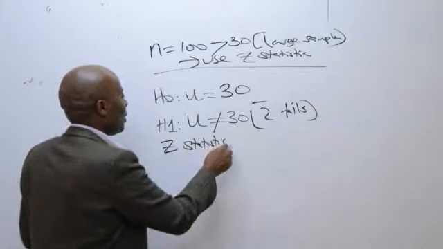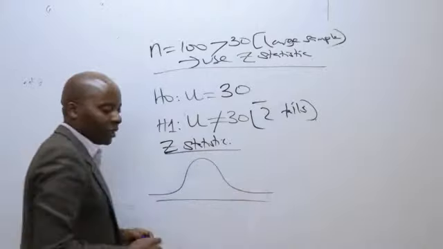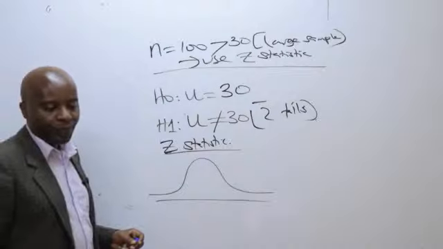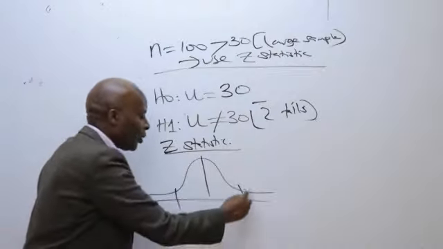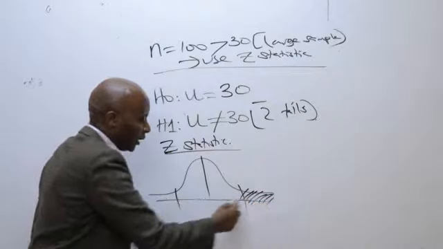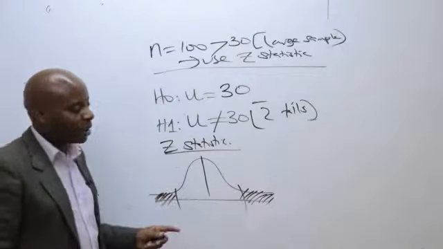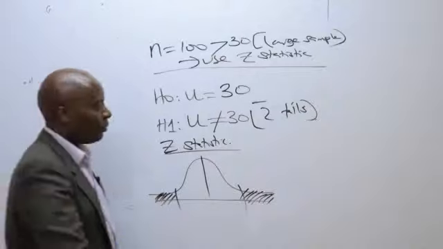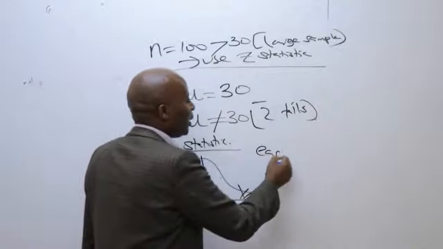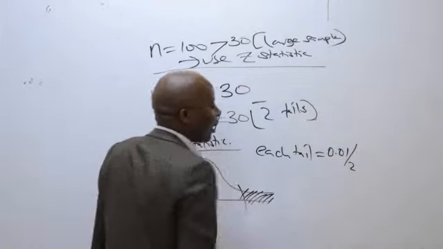Our Z statistic here will look like that. Because it is two tails, not a problem, I'll shade my two tails. Of course, there is no tail in the middle. When there are two tails, I have to subdivide the level of significance into two. So each tail will take 0.01 divided by 2.